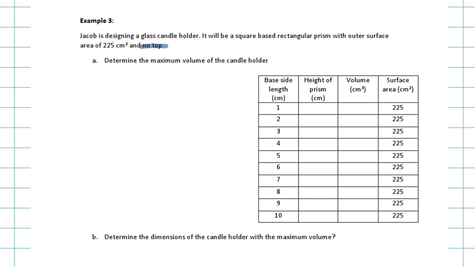Let's read the question again. Jacob is designing a glass candle holder. It will be a square-based rectangular prism. He is basically forcing you to have a rectangular prism, but not only with no top; the base is also going to be a square.